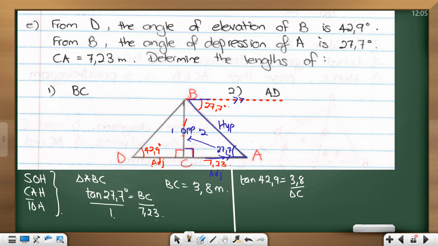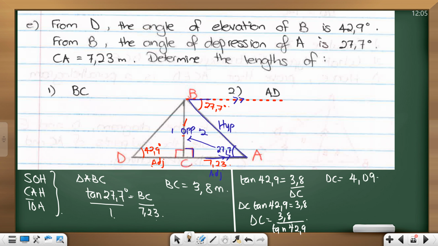Let's multiply and divide. DC equals 3,8 over tan 42,9. What is DC? We divide. That's 4 comma something, but that's not what we are really looking for.